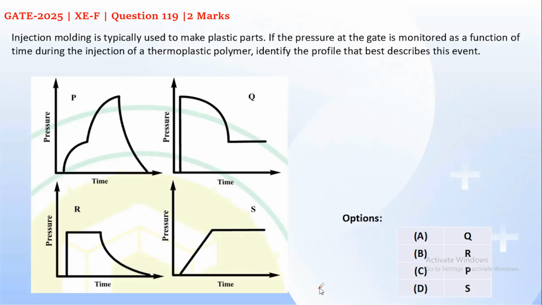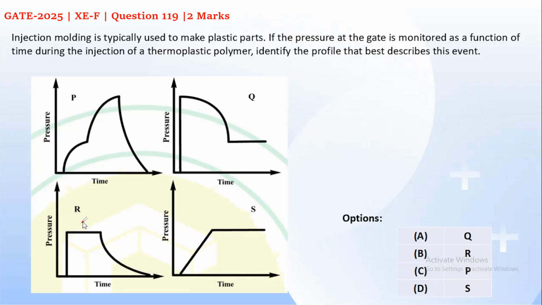If we see the PQRS profiles, in P there is a gradual rise, a clear peak and then decay. In Q, it has immediately high pressure, then drops to a plateau. No filling ramp or switch spike.